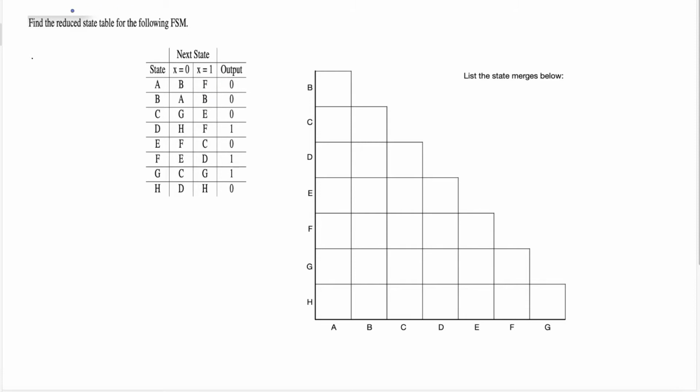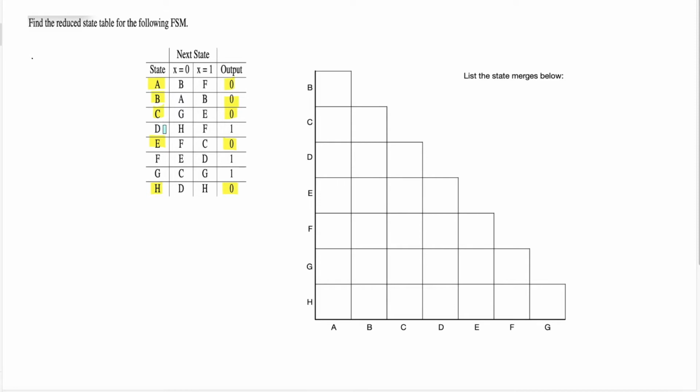So let's start off by first highlighting which ones are the same. We're going to use a yellow highlighter, and we know that state A, state B, state C, state E, and state H all have the same outputs, right? They all have 0 as output. So we're going to highlight all those as they're going to be similar. Then we're also going to highlight the rest of them.